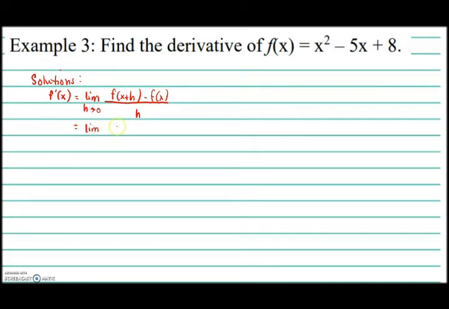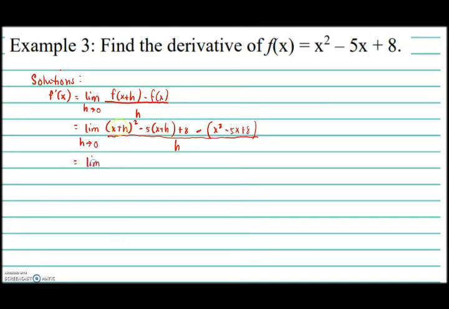So we have here the limit of (x + h) squared minus 5 times (x + h) plus 8, minus (x squared minus 5x plus 8), all over h as h approaches 0.